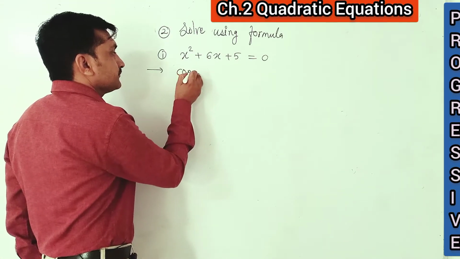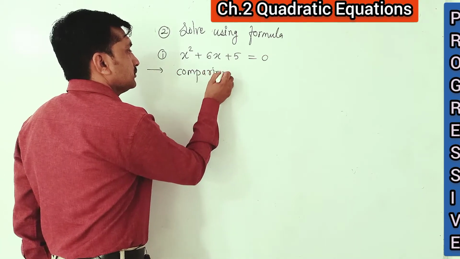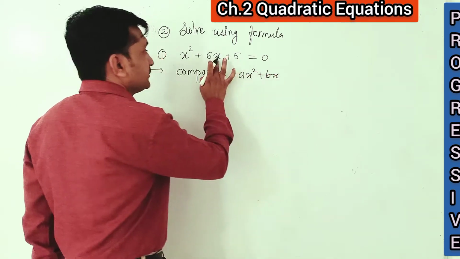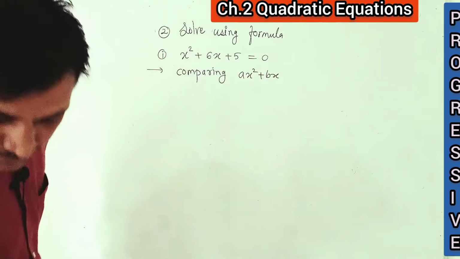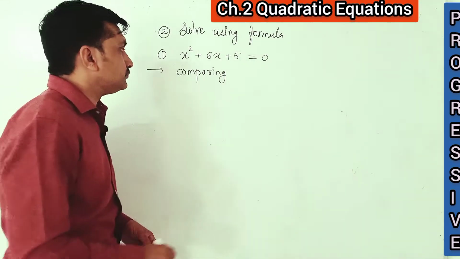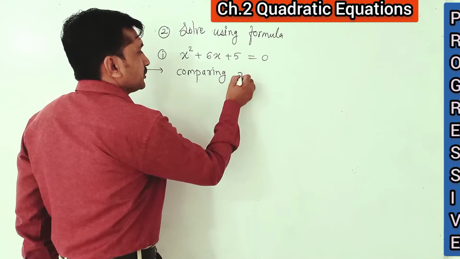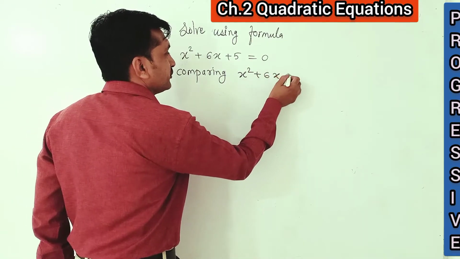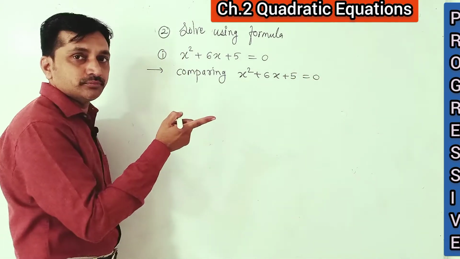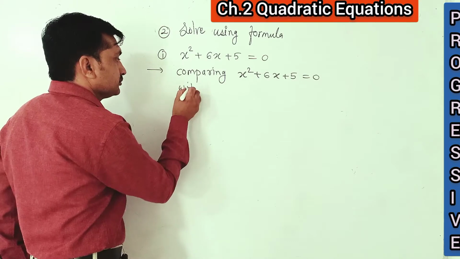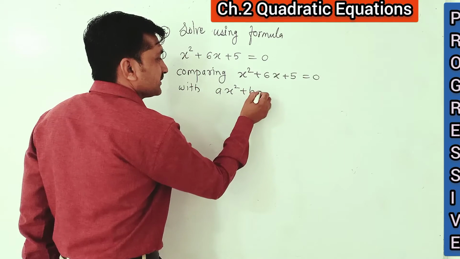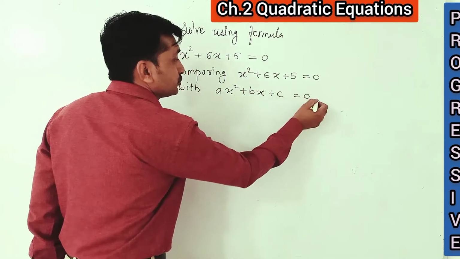Now comparing ax square plus bx, the given equation is this. Comparing x square plus 6x plus 5 is equal to 0 with the standard form, right? What is the standard form in terms of x now? Ax square plus bx plus c is equal to 0.